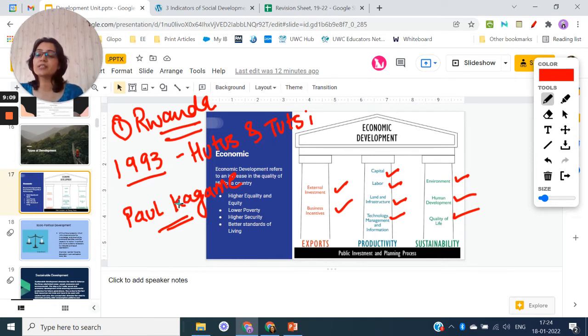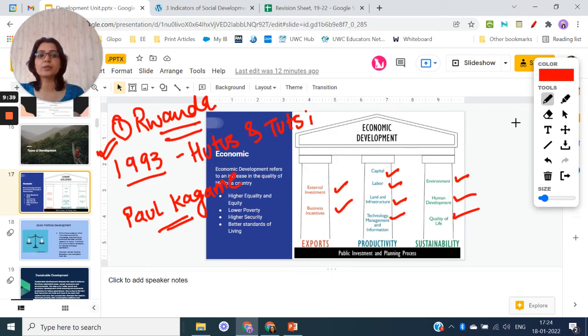So the political decisions taken by the government, the political stability, the low level of corruption, all these factors helped Rwanda to become an economically developed country of Africa, right? So one example is Rwanda, where it saw a turmoil phase, came out of it, and progressed economically.